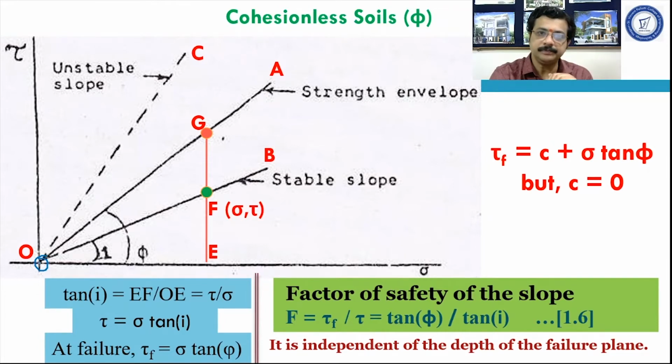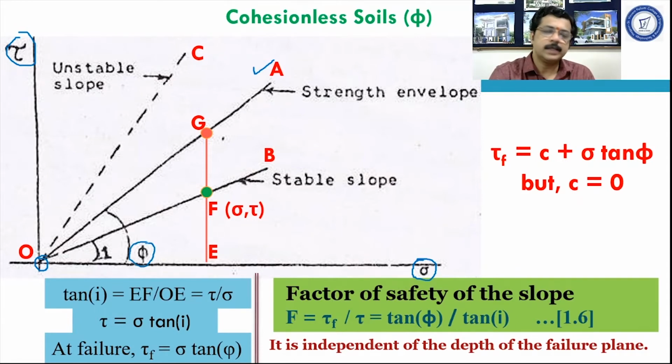On the x-axis we have plotted sigma, the normal stress, and on the y-axis we have plotted shear stress tau. OA is this line which indicates the strength envelope, and we know in the case of cohesionless soil, shear strength is completely governed by the angle of internal friction, this phi.